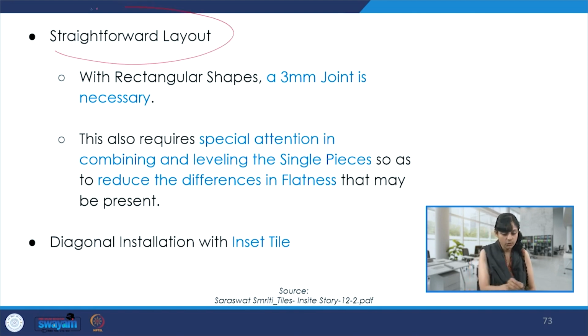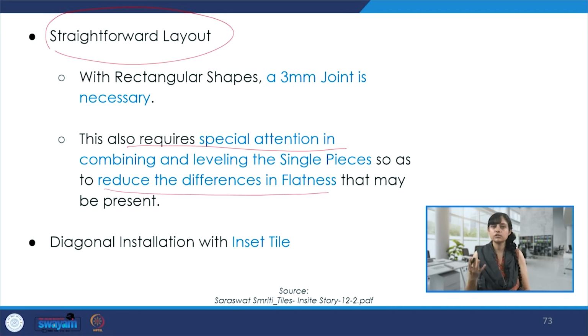So there is a straightforward layout where there are more rectangular shapes, and typically a 3 mm joint is necessary for this kind of layout. This requires special attention in combining and leveling the single pieces so as to reduce the differences in flatness that may be present.